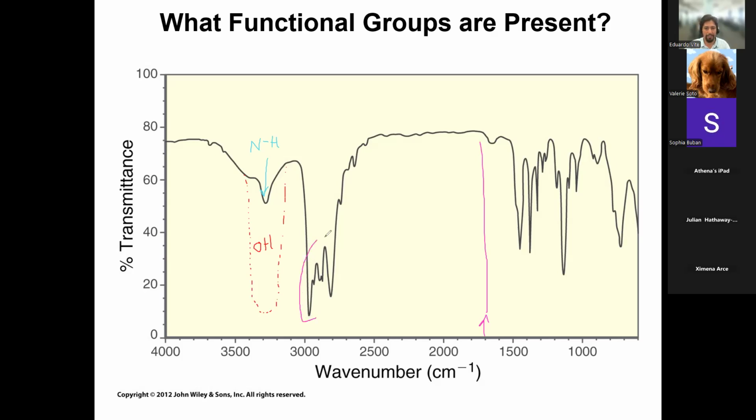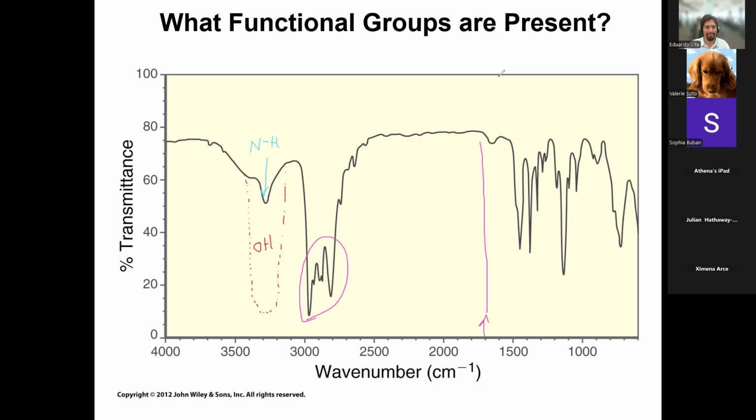What's this here at 3000s? This is everywhere, remember? You got to know when to talk about it and when not to. We've talked about them pretty much every single time. What are these? They're everywhere.